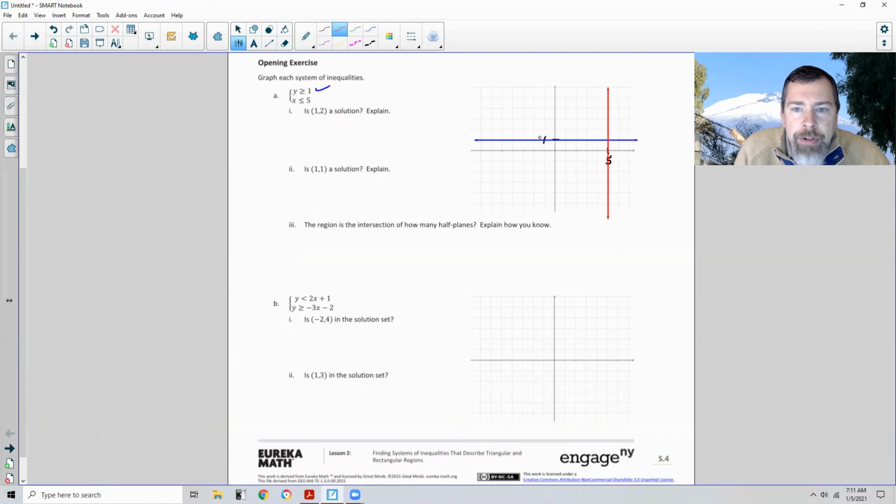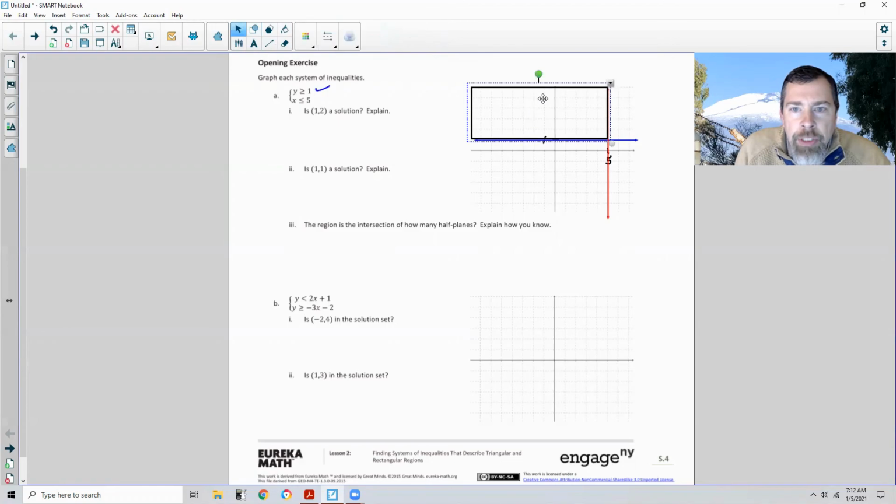So if we are greater than 1, we're above. And if we're less than 5, we're to the left. So I want to be above and to the left. So it is this region up here. And I will just use a rectangle to shade it in. So it would go to the lines like this.